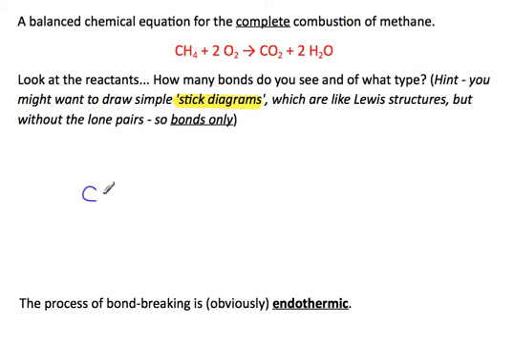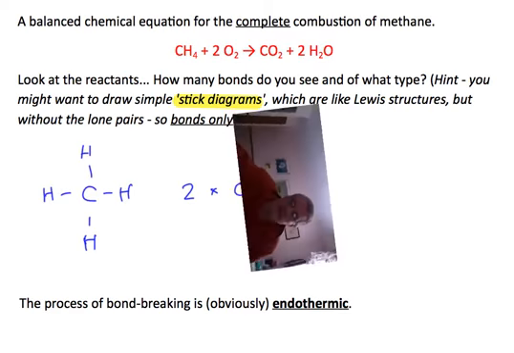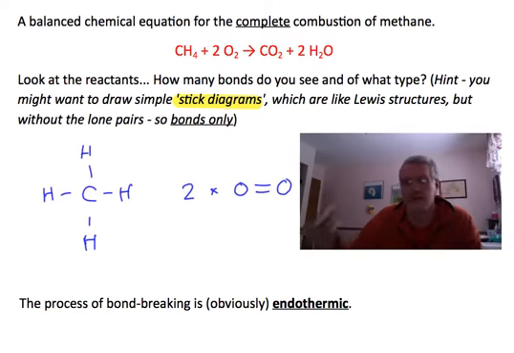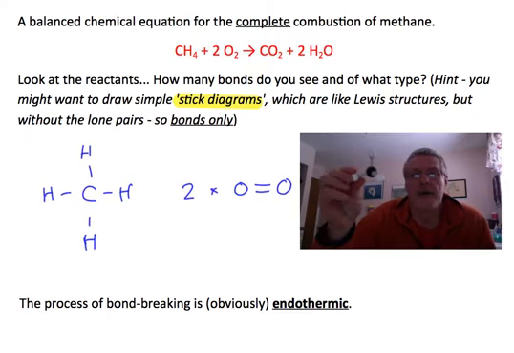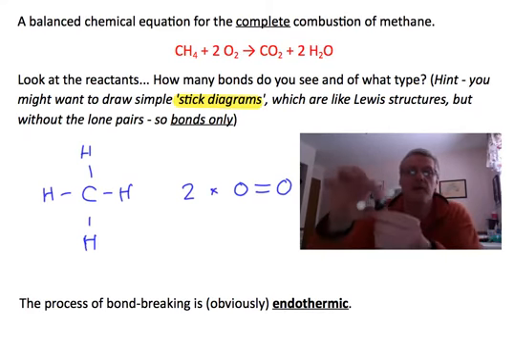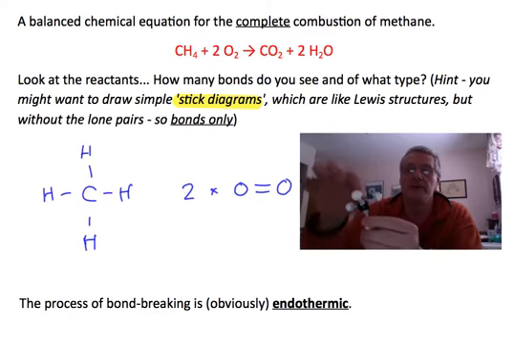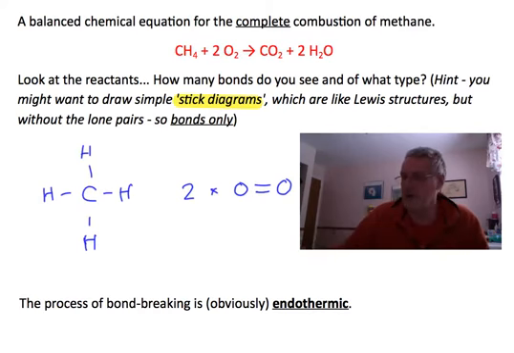So in our reactants we have methane. There it is, CH4. There's a stick diagram for methane. That's actually also a Lewis structure for methane. And we have oxygen, 2 moles of it, and oxygen looks like this. So there's a methane molecule. So there's my carbon hydrogen bond. Oh, there's another carbon hydrogen bond, so 4 carbon hydrogen bonds.